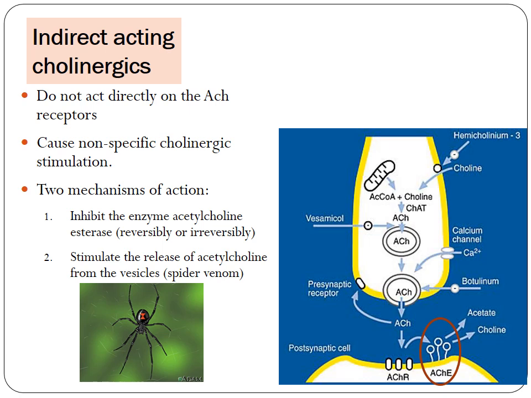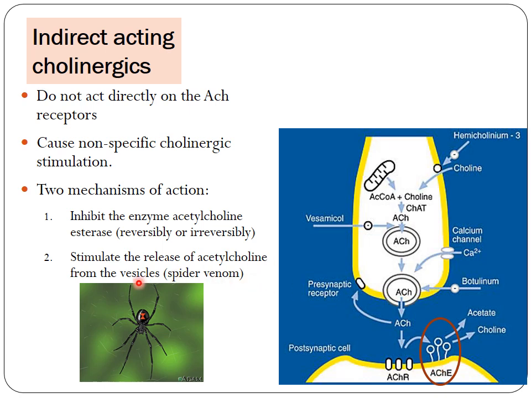What about the indirect acting? As I mentioned, they do not act directly on the receptor, but they cause non-specific cholinergic stimulation. How? We have two mechanisms. The most important to us, through inhibition of choline esterase enzyme, either reversibly or irreversibly. And we have also other mechanisms.